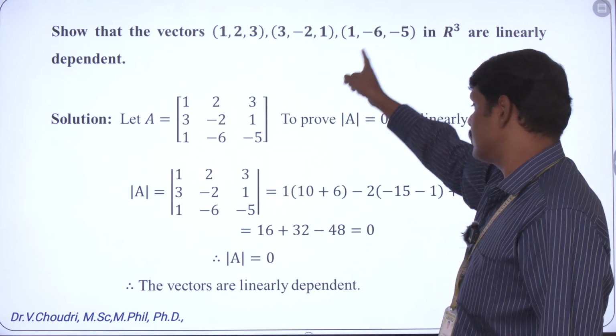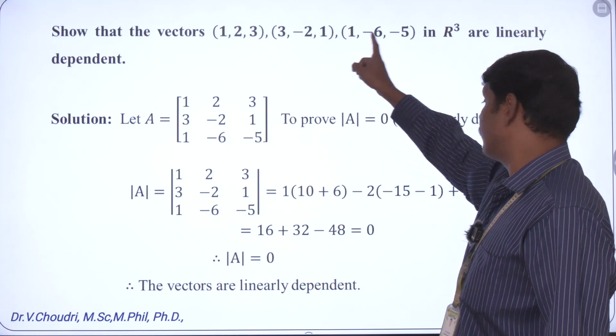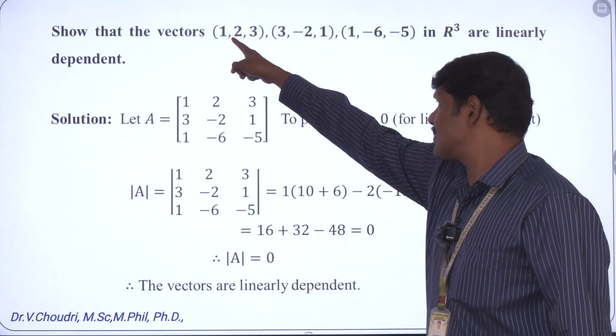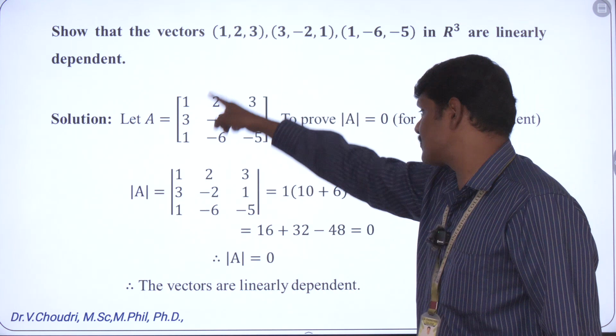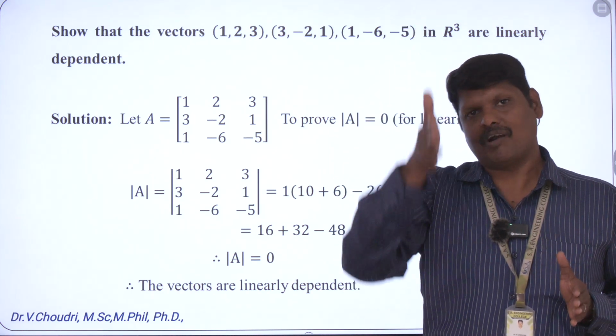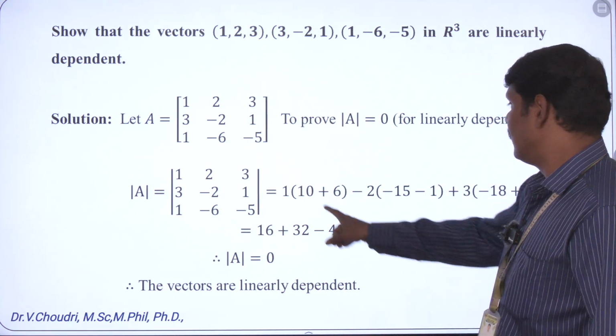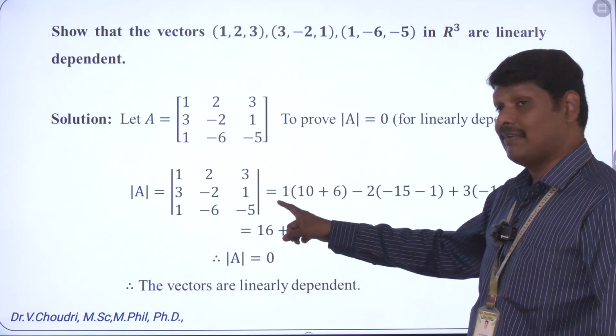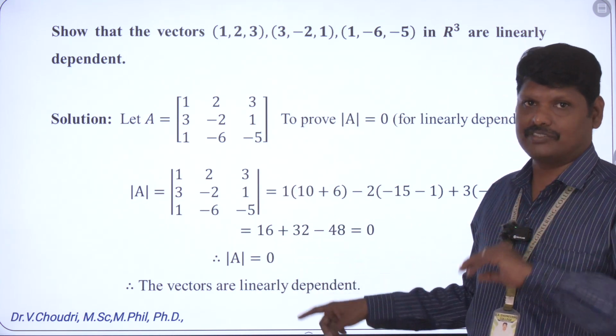Second, 2, minus 2, minus 6. 3, 1, minus 5. Always vectors should be arranged column-wise only. I am checking whether it comes non-zero or 0.